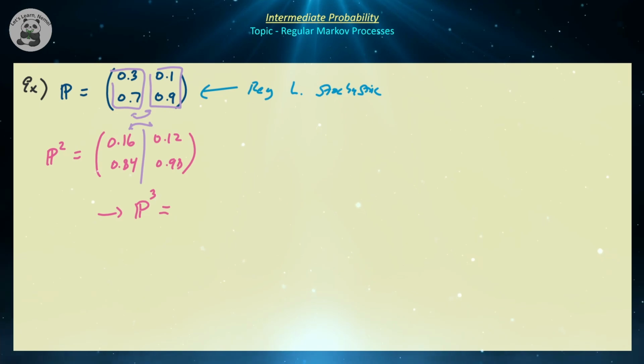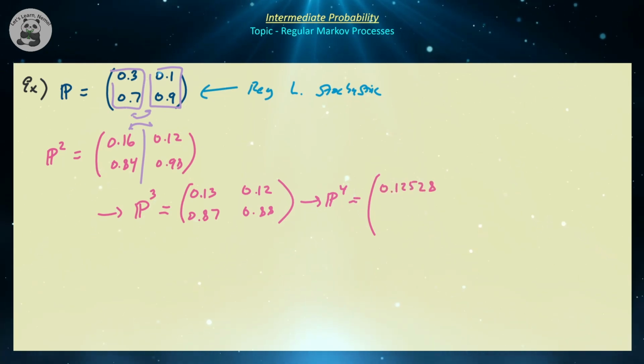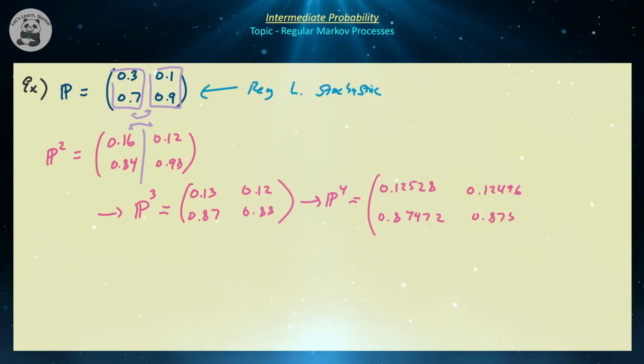If I look at P cubed, for example, what you're going to have is 0.13, 0.87, 0.12, 0.88 approximately. And if I continue onward, for example P to the fourth, this is approximately equal to 0.12528, 0.87472, 0.12496, and 0.87564, approximately, right?